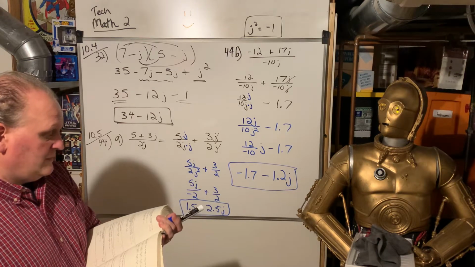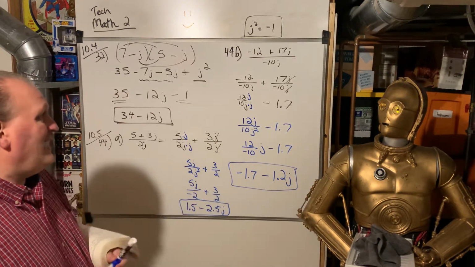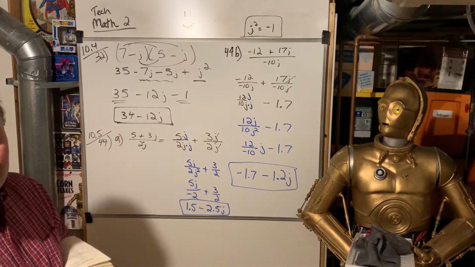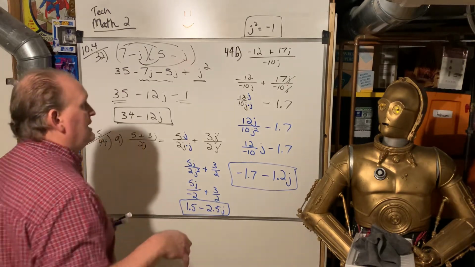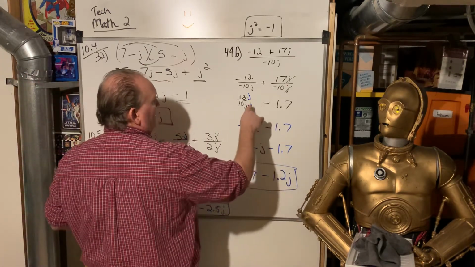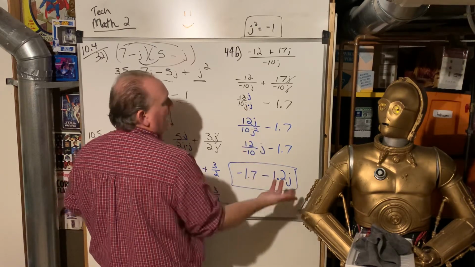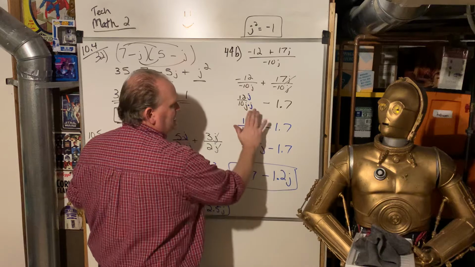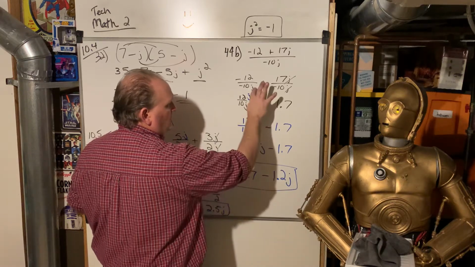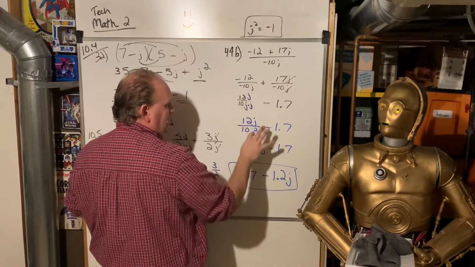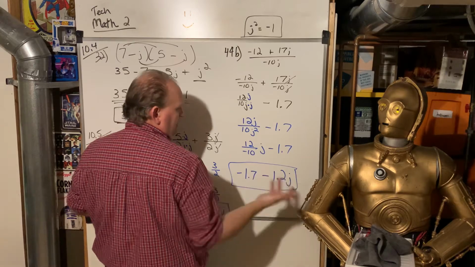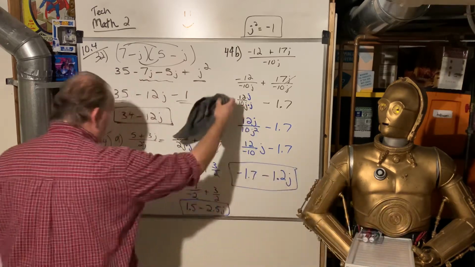Okie dokie. So that's a little tough. Now, I've had students in the past, when I've taught this course, say, look, if I know there's a j on the bottom, can I just make it negative and put it on the top? And yeah, you could skip showing me this work if you just went from this and made it negative to that. You know what I mean? That would be fine. Or you can show the work.